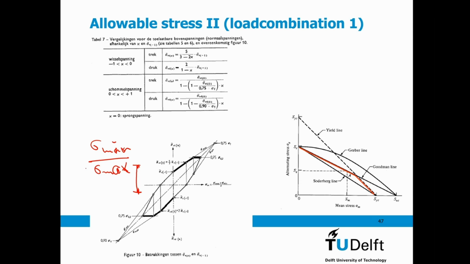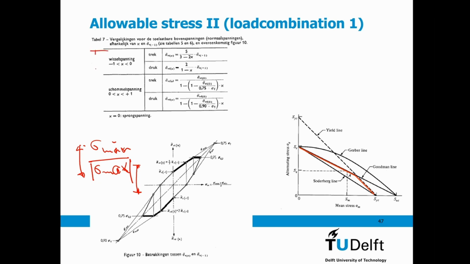If the minimum stress is in compression, so the compression stress is bigger than the tension stress, if that's the maximum, then these two swap. It is not the minimum and the maximum, it is basically the absolute maximum where you divide by.